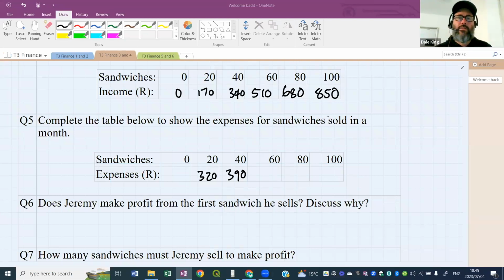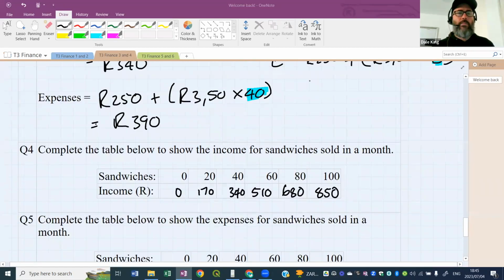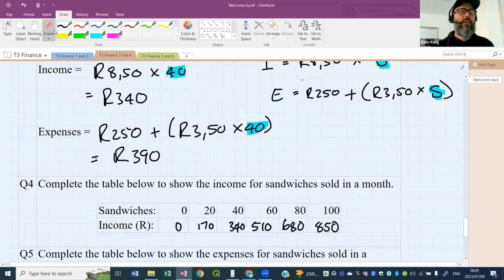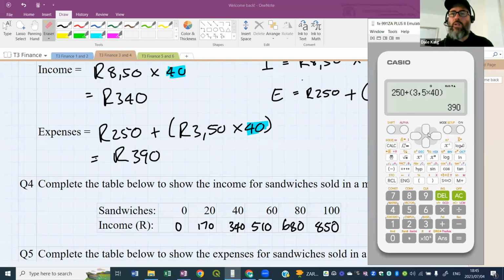Katlego. All right. Yes, sir. All right, you're back again. Tell me, for 0 sandwiches, he makes no sandwiches. What are his expenses? 0. Let's check. Have you got the equation on your calculator? I've got mine there.